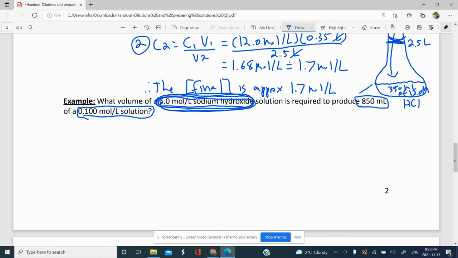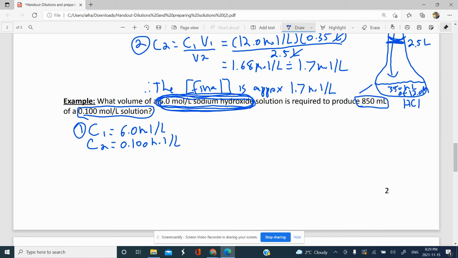So in other words, what do we have? Well, we have the initial concentration. We have our stock solution. We have 6.0 moles per liter. That's the concentrated one. We know what our final solution is going to be. We know that we want our second concentration to be 0.100 moles per liter.